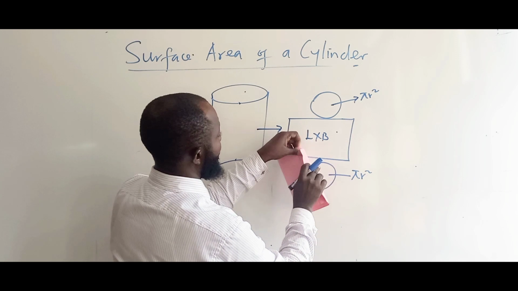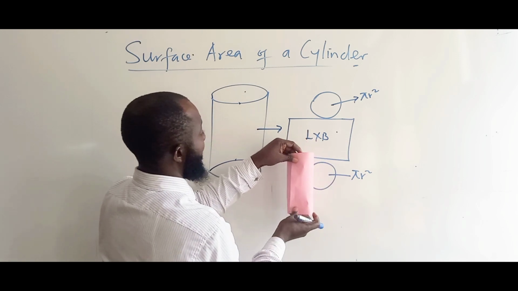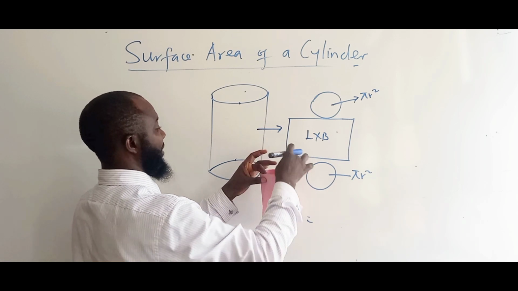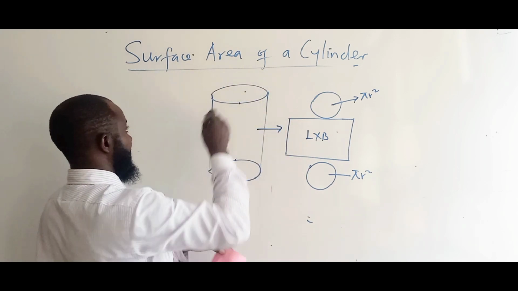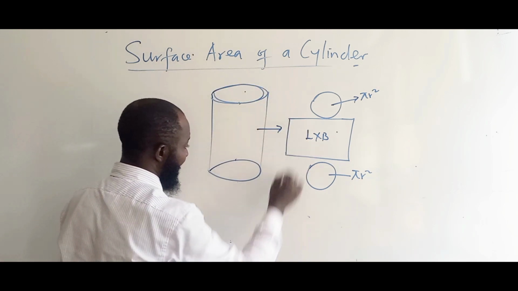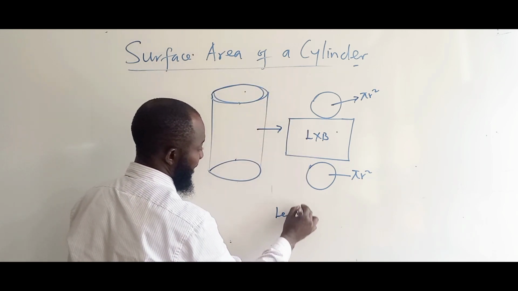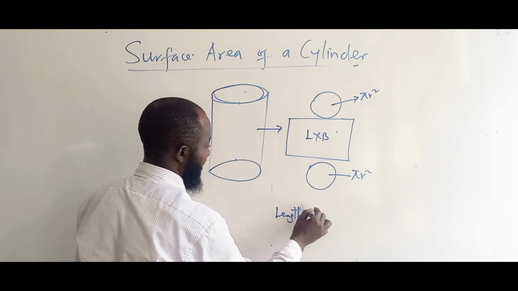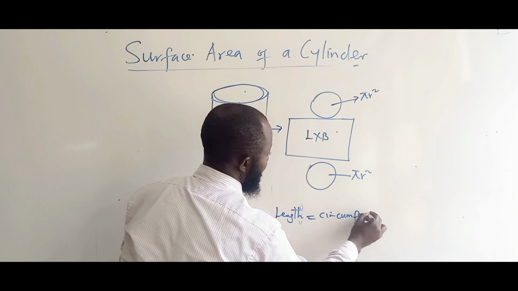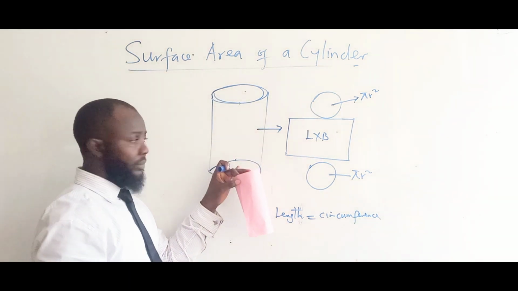By the time I fold it again to form my cylinder, this length here is the one forming the circumference. Meaning that the length is the same thing as the circumference of the base.